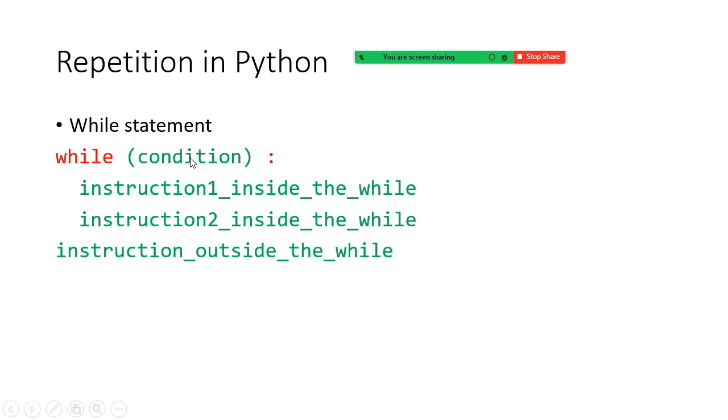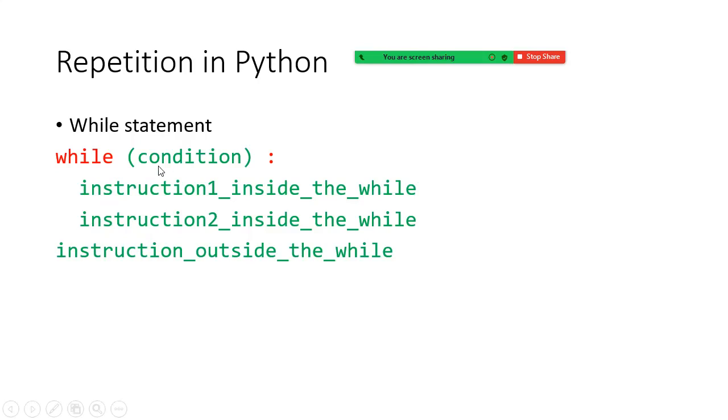So what that means is, as long as this condition is true, these instructions will keep on being executed, and they'll be executed in the order that they appear inside here. So first instruction 1 will be executed, then instruction 2 will be executed, then the condition will be tested again.